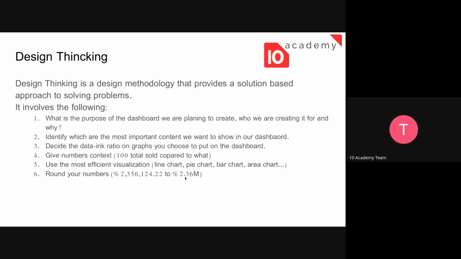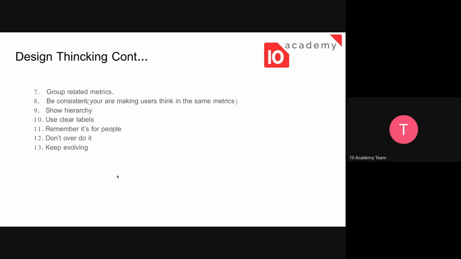That's like 2.36 million, right? This is not a percent actually. This is just from when I copied it. This shouldn't be there. So numbers have to be rounded up. They have to be appealing.